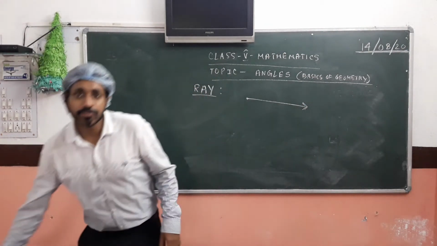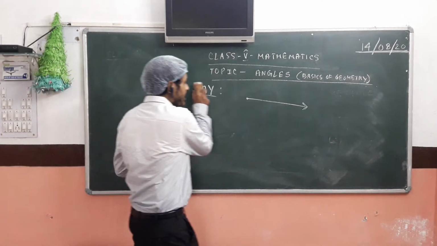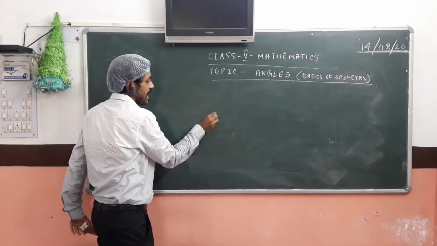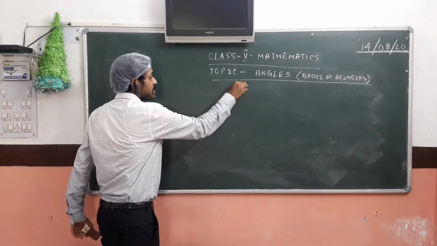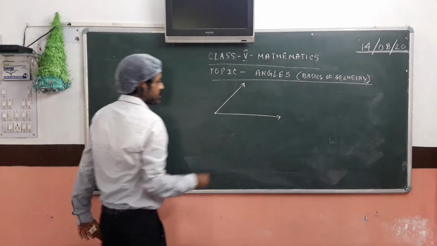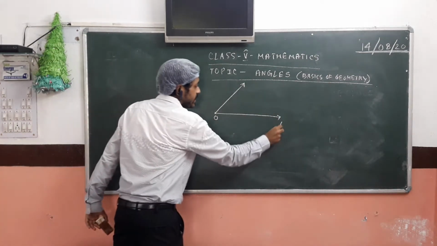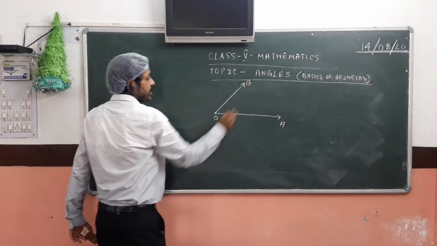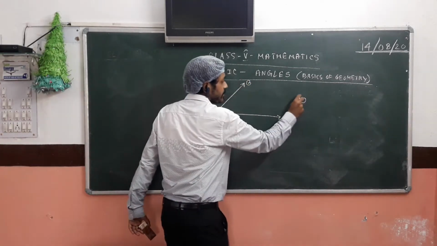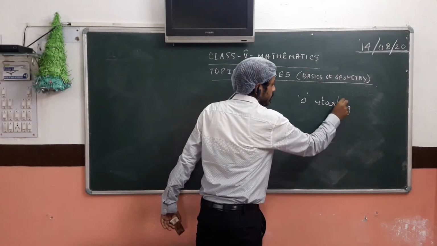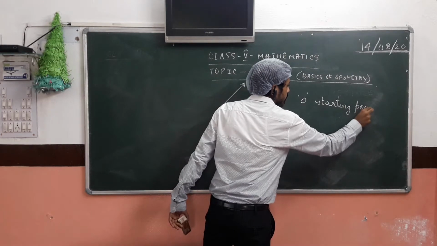Now, say we consider two different rays having the same starting point. Say I name these rays OA and OB. Here O is called the starting point.